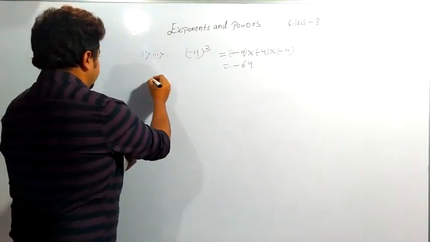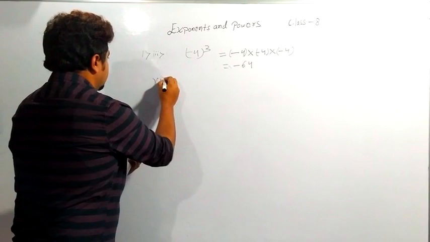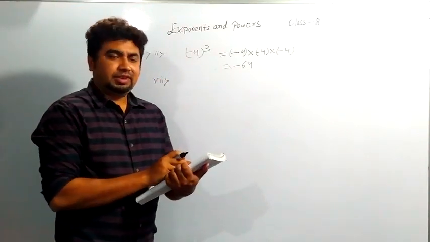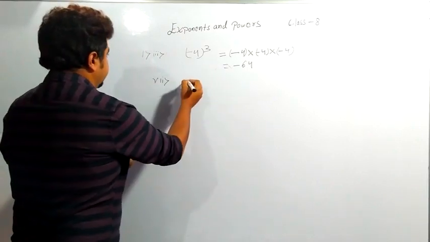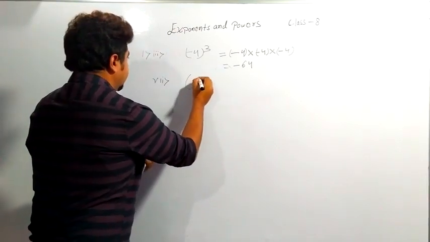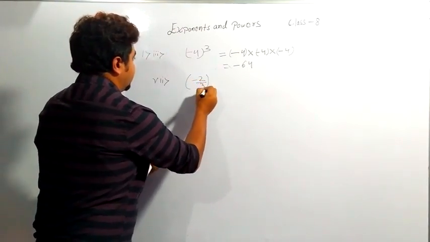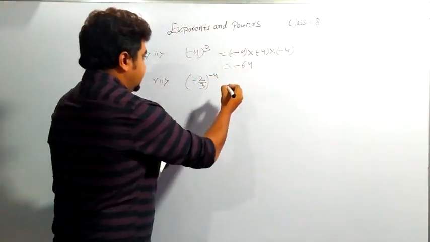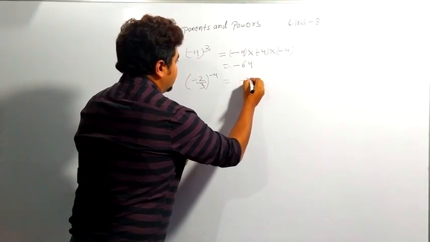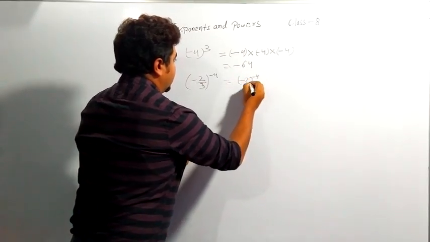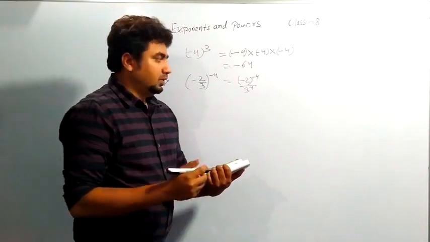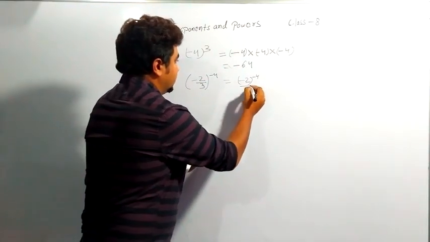Now bit 7. Bit 7, it is given minus 2 by 3 to power minus 4. So we can write it as minus 2 to power minus 4 divided by 3 to power minus 4.